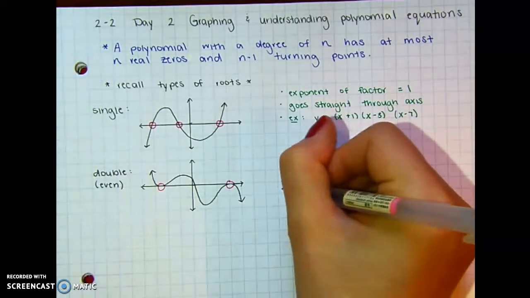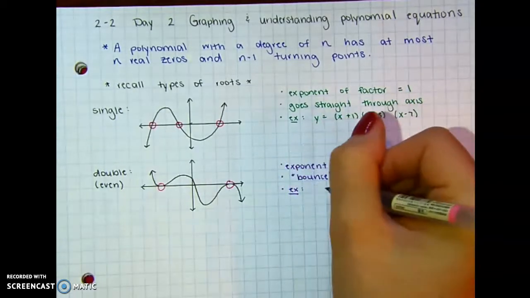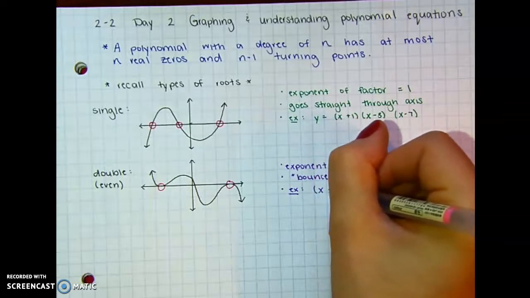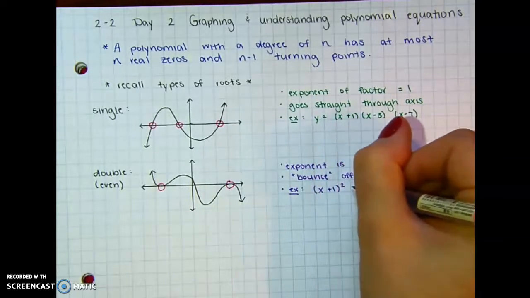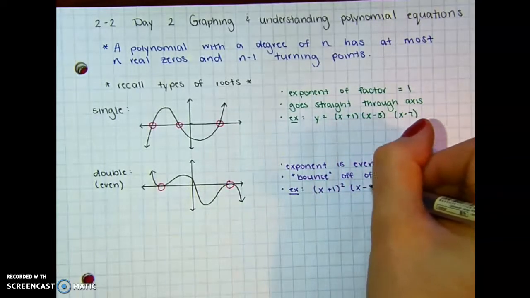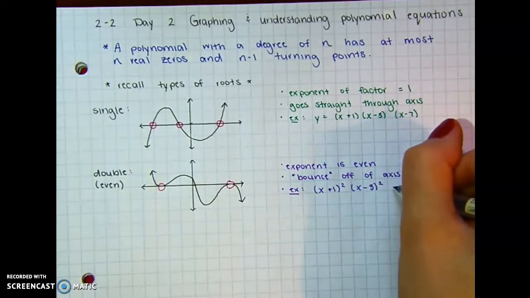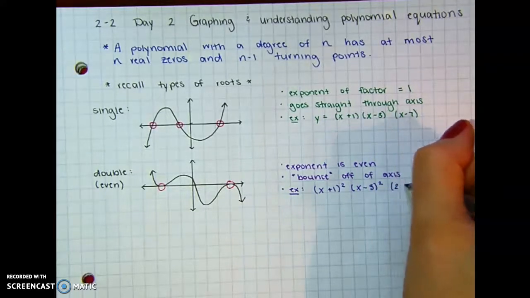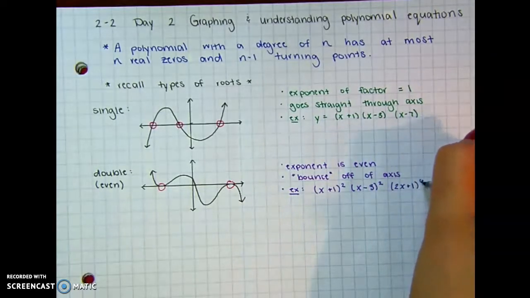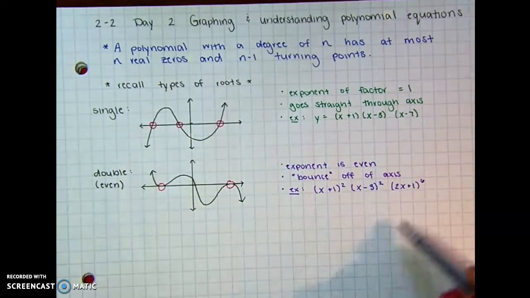So an example would be if you had x plus 1 squared times x minus 3 squared times 2x plus 1 to the 6th. So each one of these is just going to bounce off.